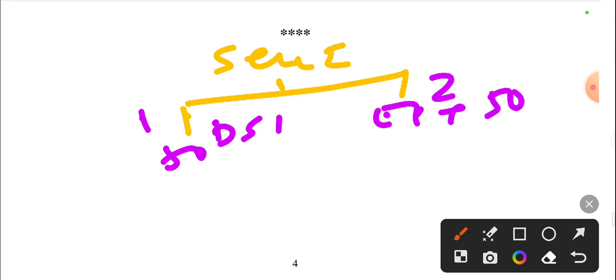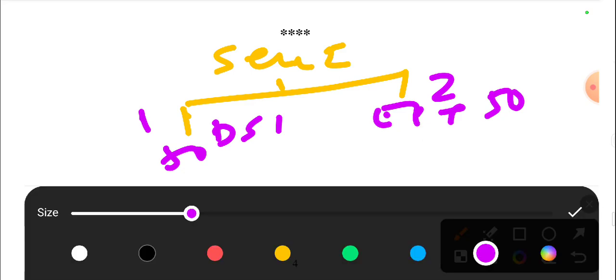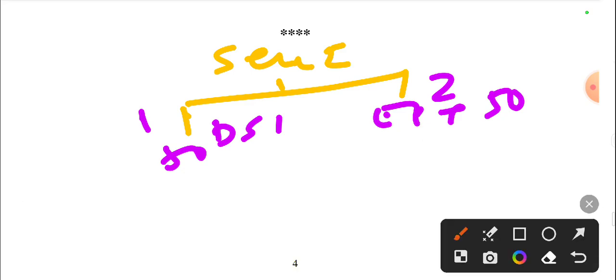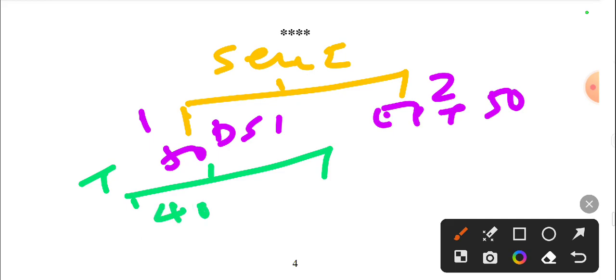Then this 50 is further divided into two. One is the actual theory examination, which is of 40 marks, and 10 marks are reserved for assignment. At the same time, paper 2 is also divided into two parts.